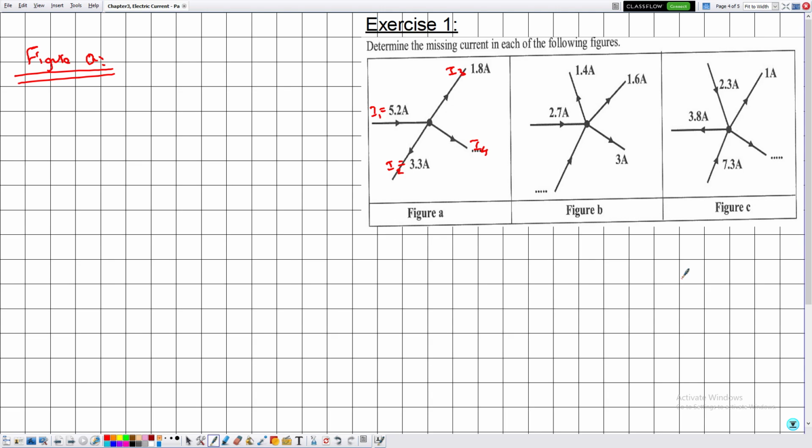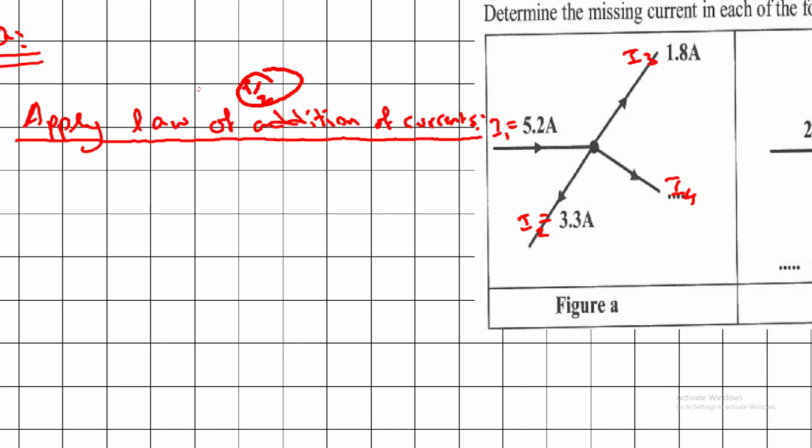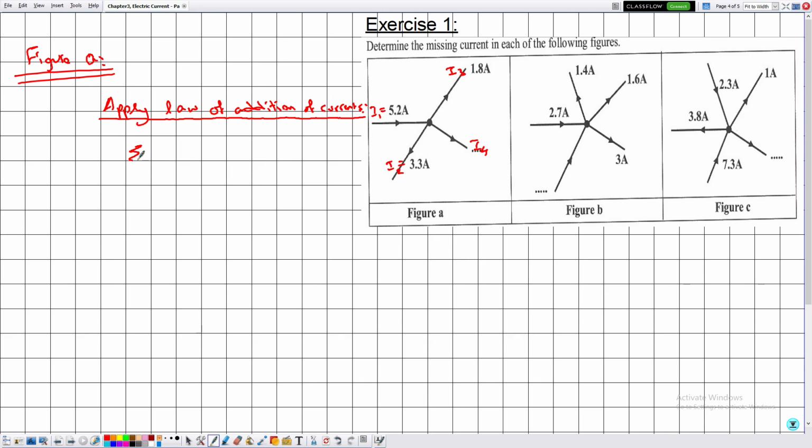Okay, so for figure A, let's apply the law of addition of currents. Always in physics we need to mention the law that we are using. For this statement they usually give us half a mark. So we say that the summation of I in is equal to the summation of I out.